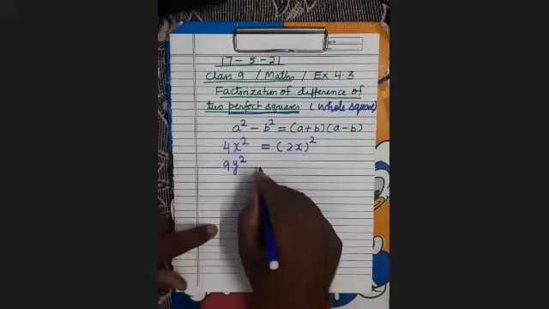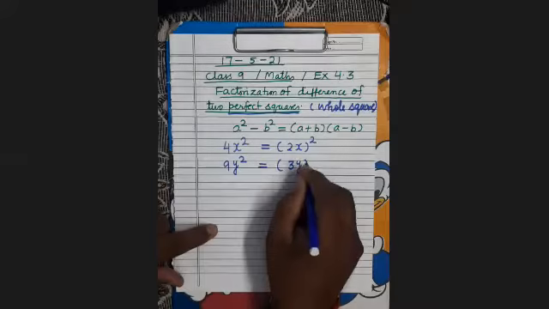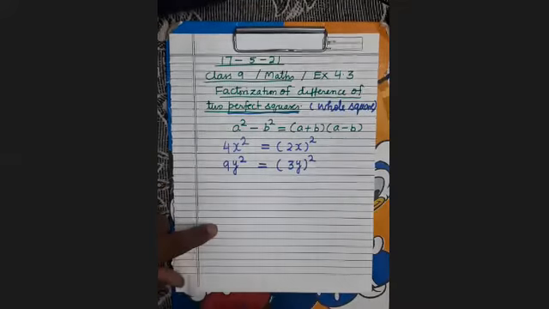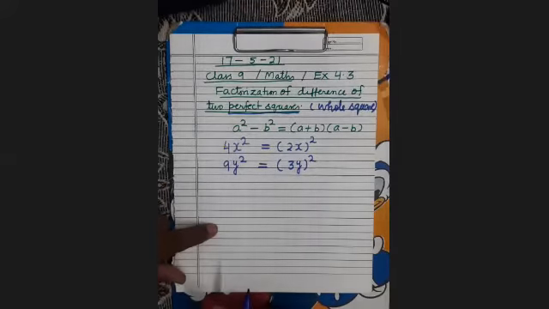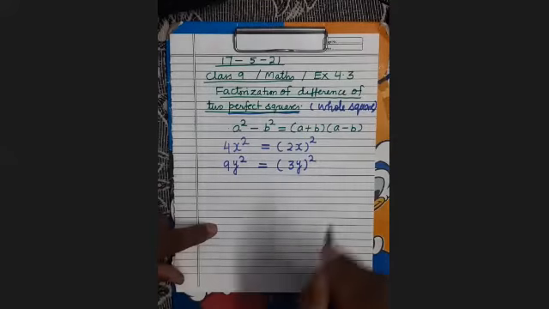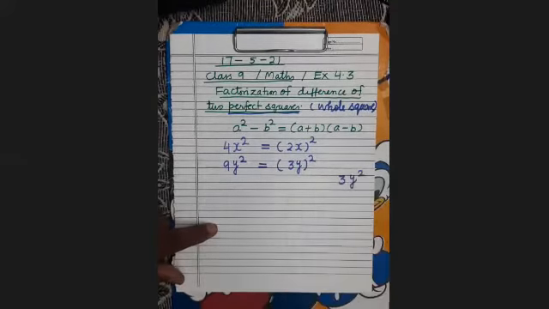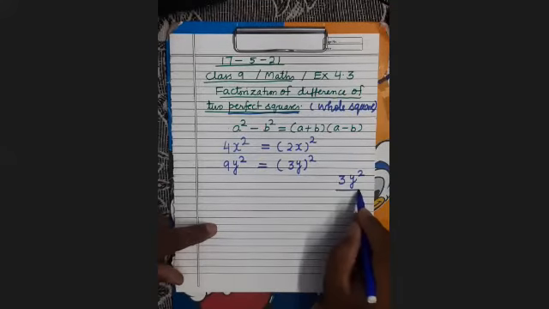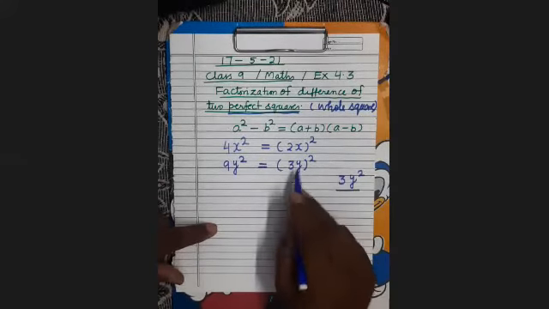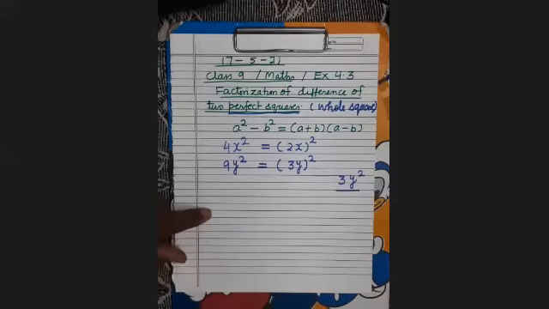But we can write it in the perfect square form in this way. 3y का whole square. How will you read? 3y का whole square. And how will you read this? 3y square. Now all of you see here. With the difference, it is 3y square. And this is 3y ka whole square. Bracket is there, so it is 3y ka whole square.